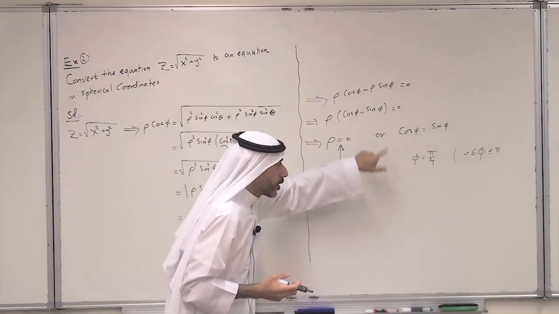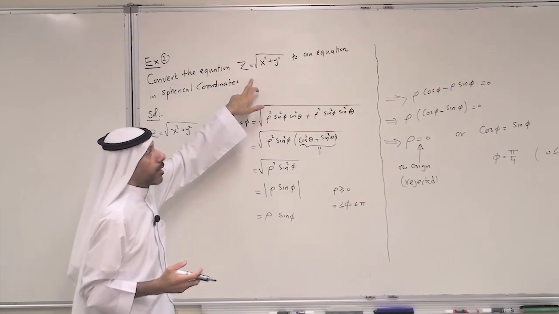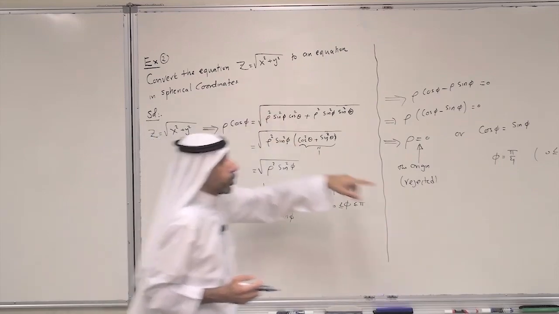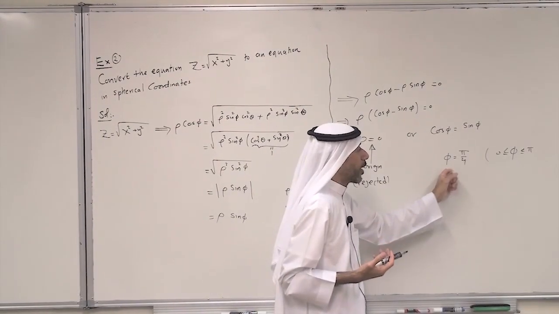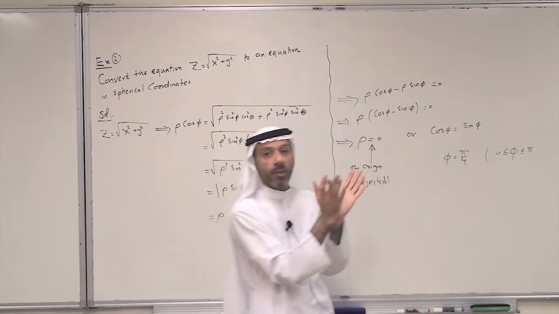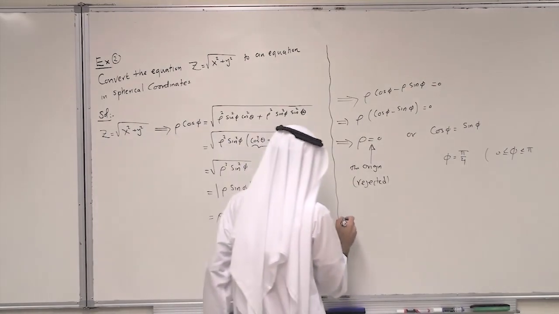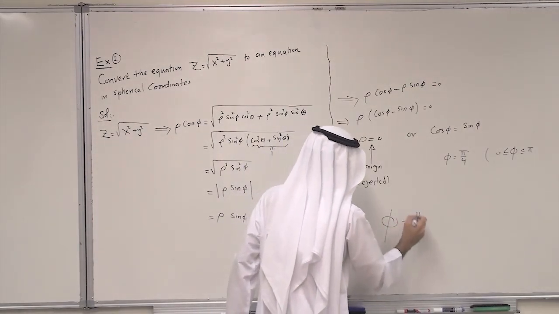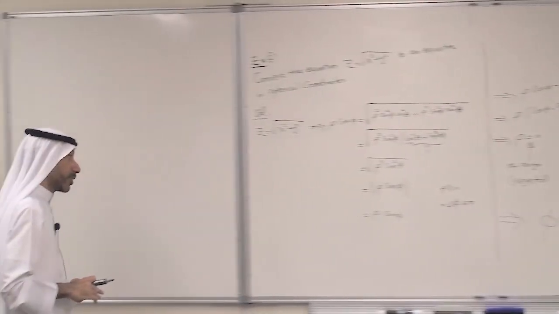It is the equation corresponding to the given rectangular equation. It is a cone, and based on our knowledge of the basic graphs, the graph of phi equals pi over 4 is also an upper cone. So the required equation is phi equals pi over 4. This is the answer.